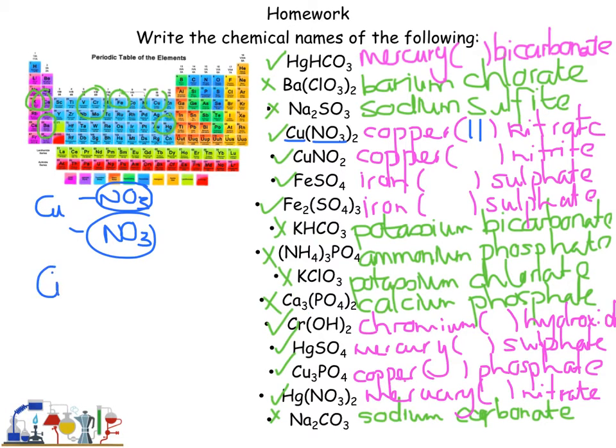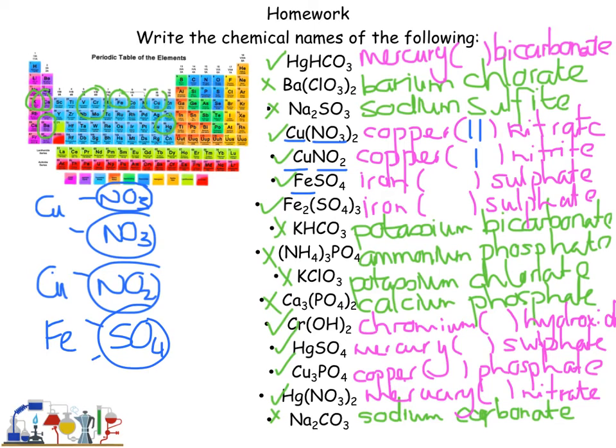The next one, I've got 1 copper and 1 nitrite, NO2 has 1 arm, and therefore that copper over there would have 1 arm. Iron sulfate, Fe, 1 iron, SO4, 1 sulfate. Sulfates come with 2 arms, therefore this iron over here must have 2 arms.